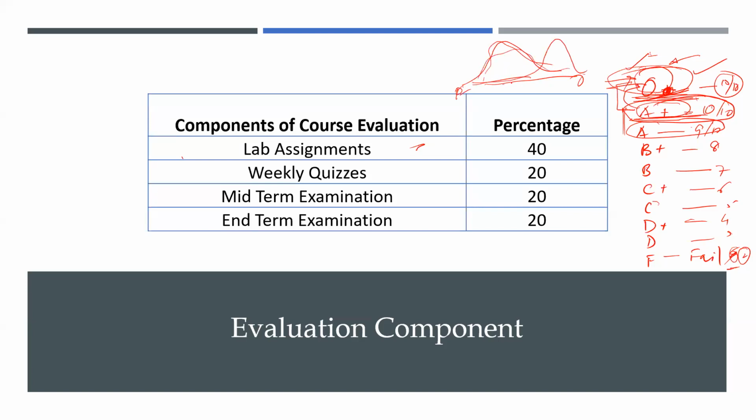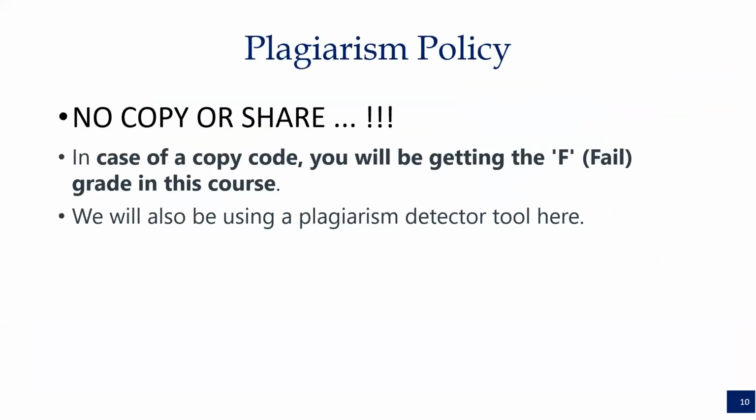So don't worry about that. Some of you will definitely get C plus or D plus or D or C. No. We can, but it will depend on your performance. Absolutely, I'll take questions on this grading also.